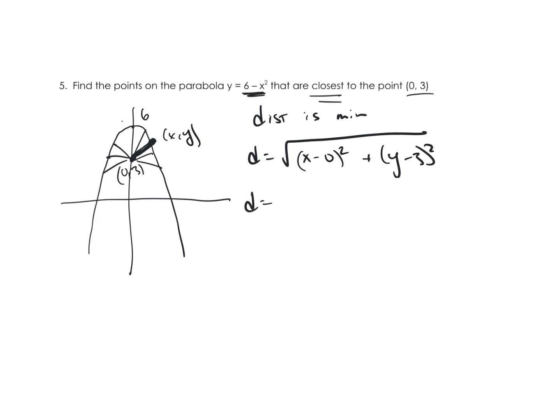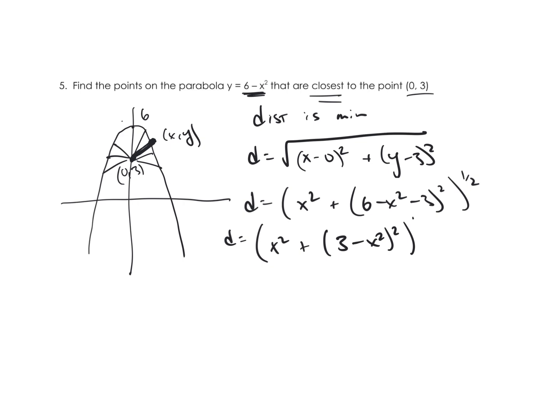So d is equal to, and square root is just to the power 1/2, so this is (x squared plus (6 minus x squared minus 3) squared) to the 1/2, which is then, if I keep on going, x squared plus, simplifying the inside part, (3 minus x squared) squared, to the 1/2, which is then x squared plus 9 minus 6x squared plus x to the 4th, all to the 1/2.